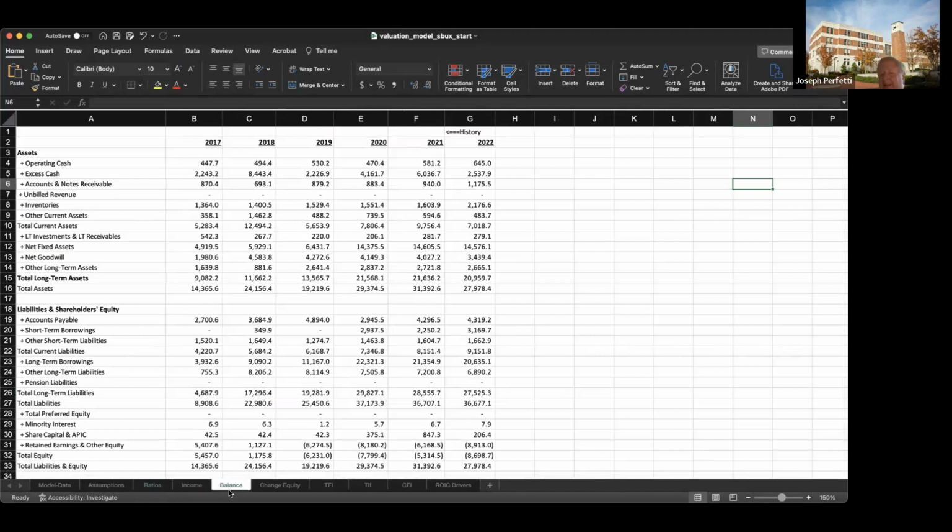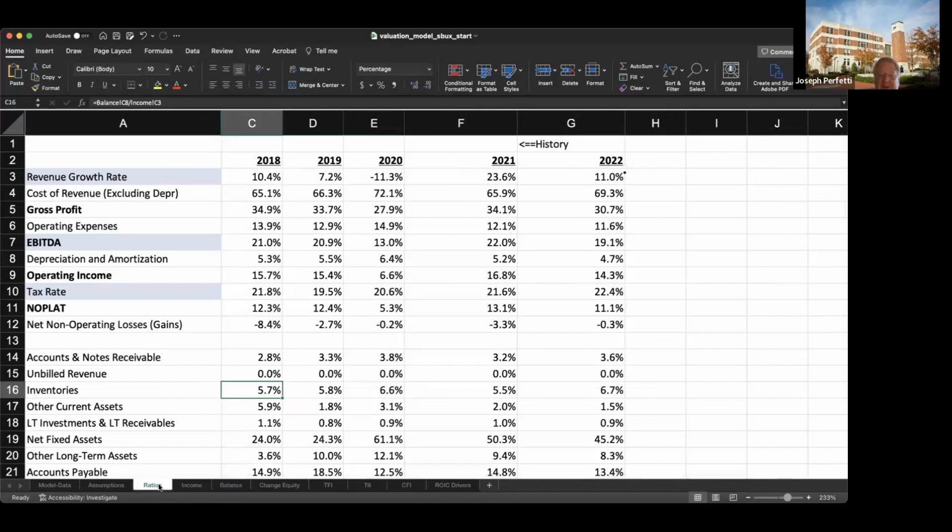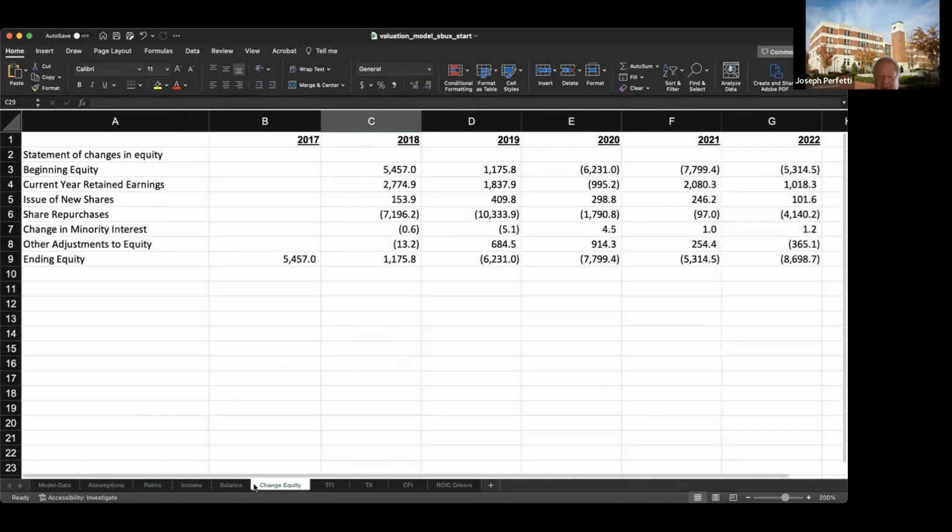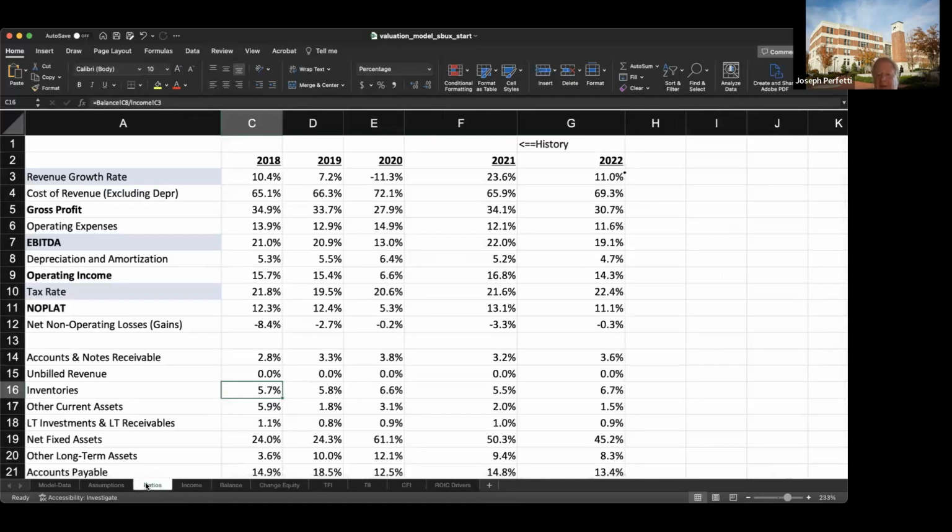If we're going to forecast Starbucks, we need to know how much cash flow they generate in the future, which means we need to know their income statement and balance sheets in the future. Rather than forecasting the income statement and balance sheet line items individually, we're going to forecast the ratios for the income statements and balance sheets, and those ratios will create the forecasted income statements and balance sheets. Another reason why we do ratio analysis is that it helps us think about what is a reasonable ratio to use in the future.